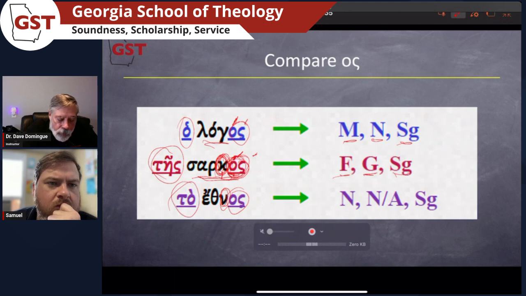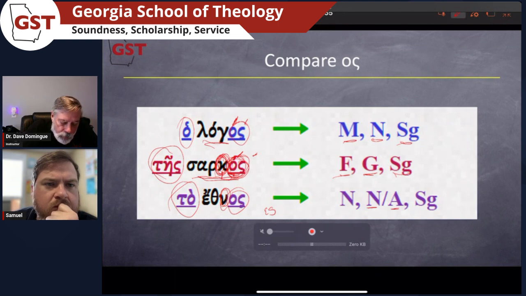I could tell because of the article. But also, this is a little bit harder. In this particular case, lots of things have occurred. So the actual case ending is the epsilon sigma for the nominative and the accusative. This can be nominative or accusative. And the reason is because it is the epsilon sigma.